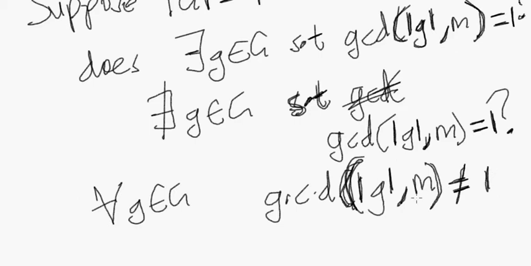That is, aren't we saying that the order of every element has to have something in common with M, that is, the order of g and M have some prime factors in common, right?